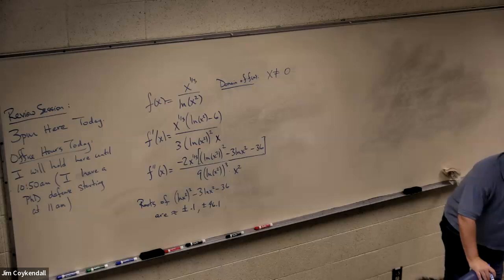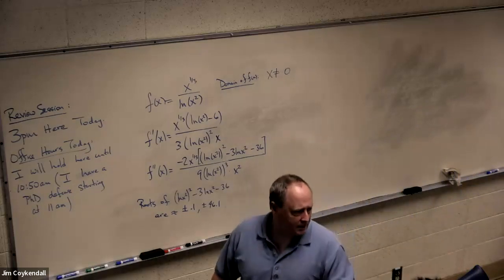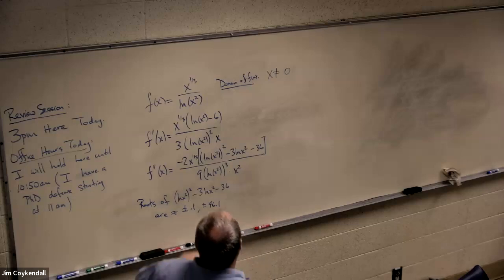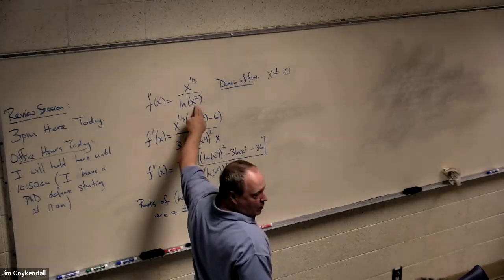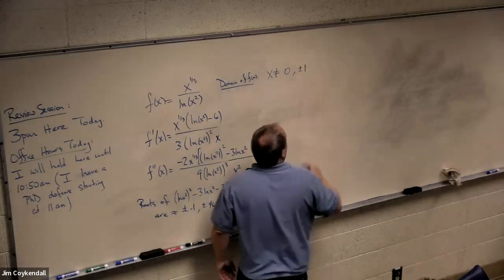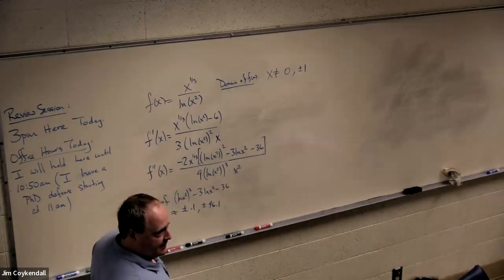Now, the second thing I would think about is I don't want that denominator to be zero, right? When is the log zero? Log of blank is zero. One, right? And so you don't want that x squared to be one, so you don't want x to be plus or minus 1. But everything else is good to go. I agree with that.